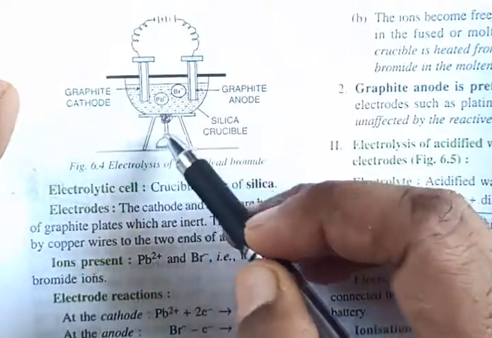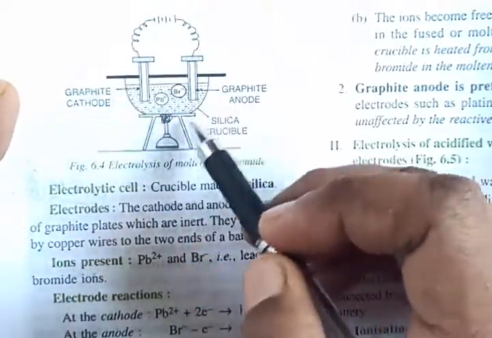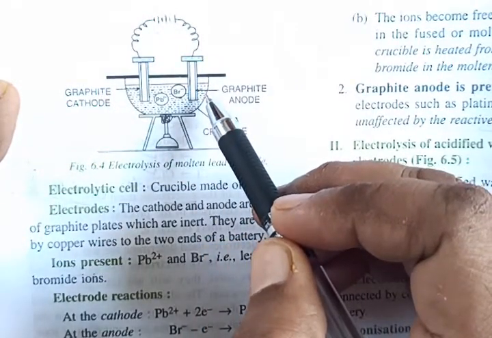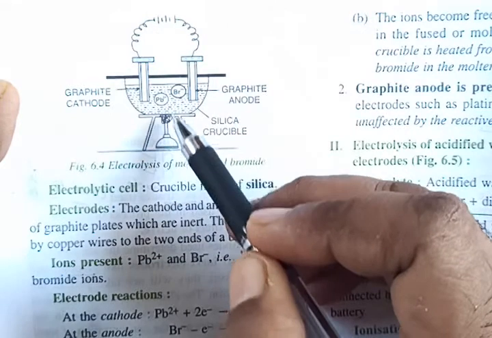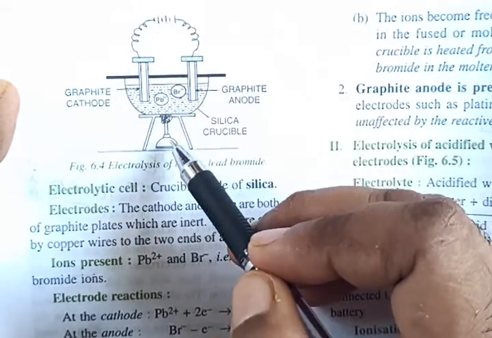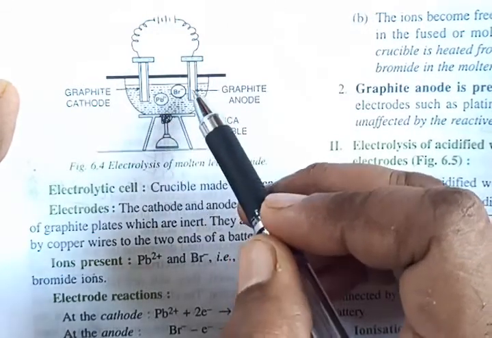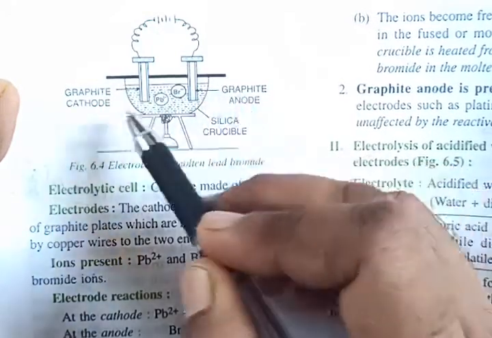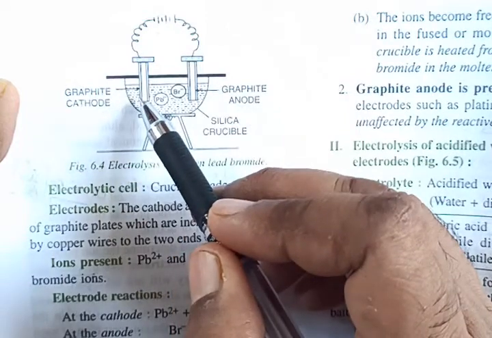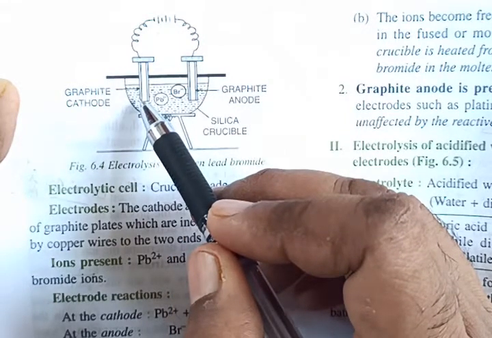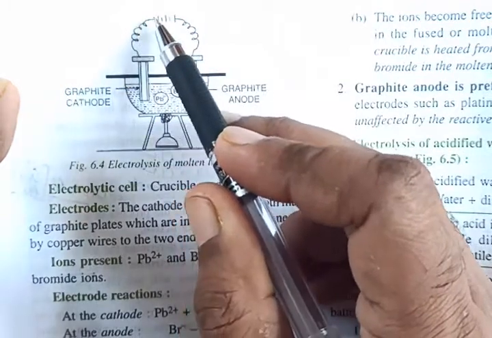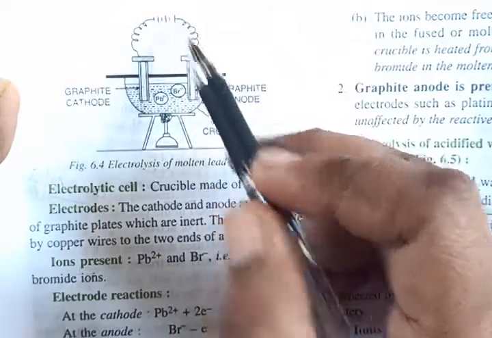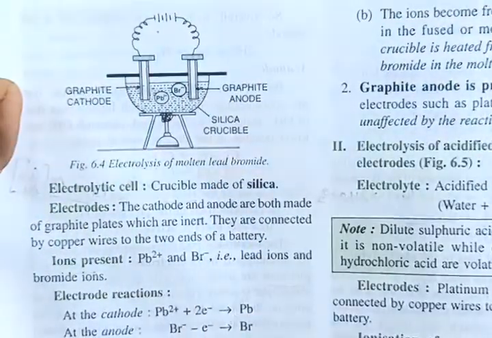This is a silica crucible, a silica vessel in which molten lead bromide is placed, and the temperature is maintained by the burner. Two electrodes are there. The anode is made of graphite and the cathode is also made of graphite, right? Connection is given to the negative terminal, meaning cathode, and the positive terminal, meaning anode.